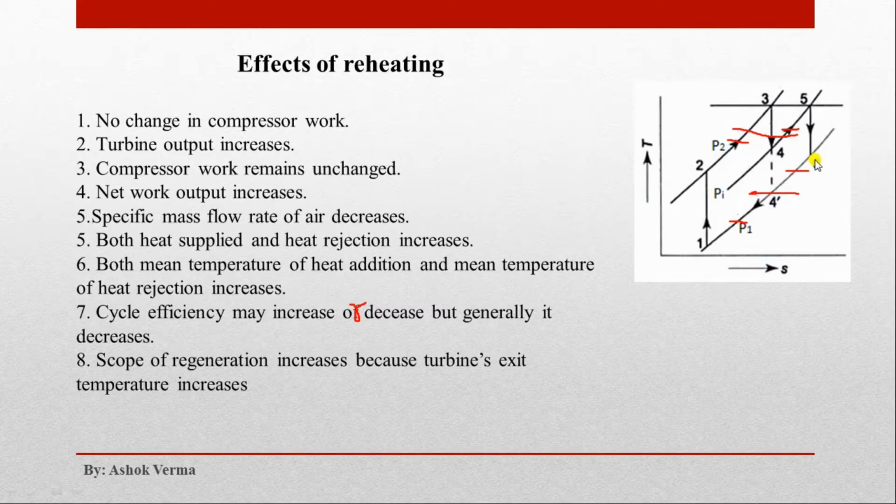So the turbine outlet temperature is increasing with the reheating. So if the turbine exit temperature is more, then you can use this heat here to increase the temperature of the compressor outlet. We will see later on.